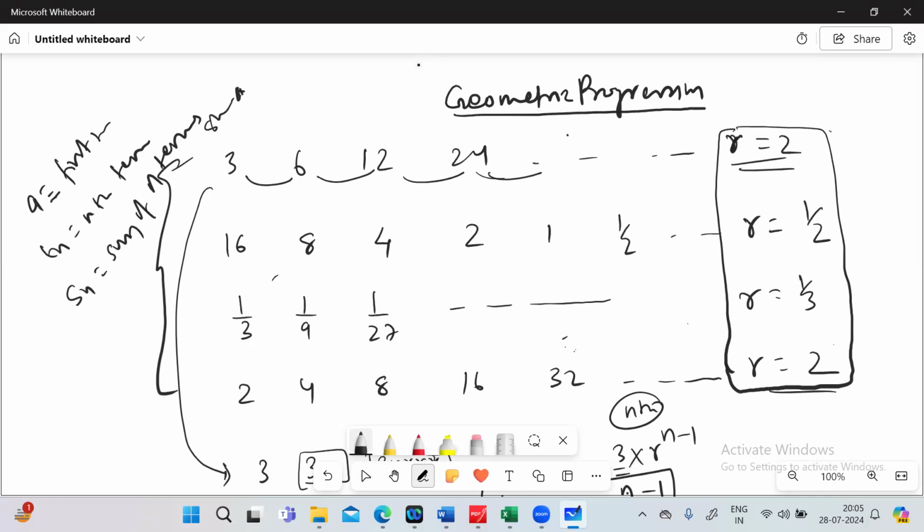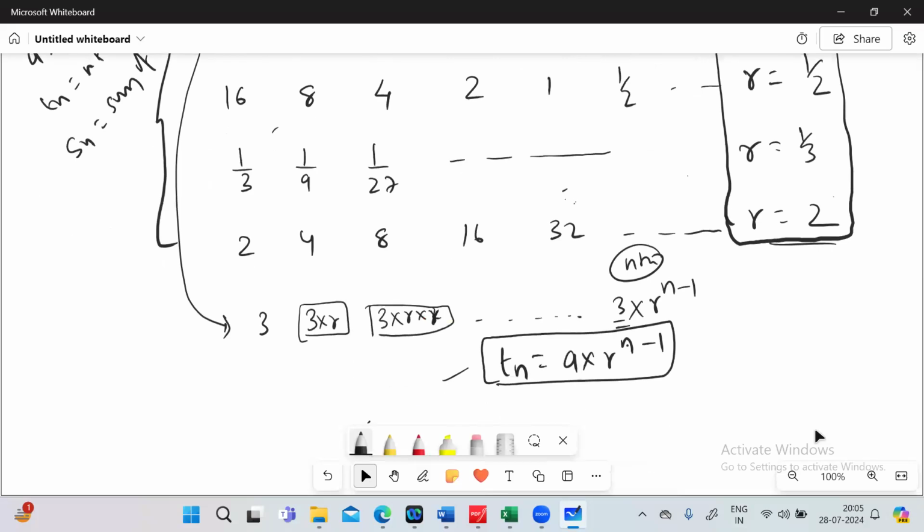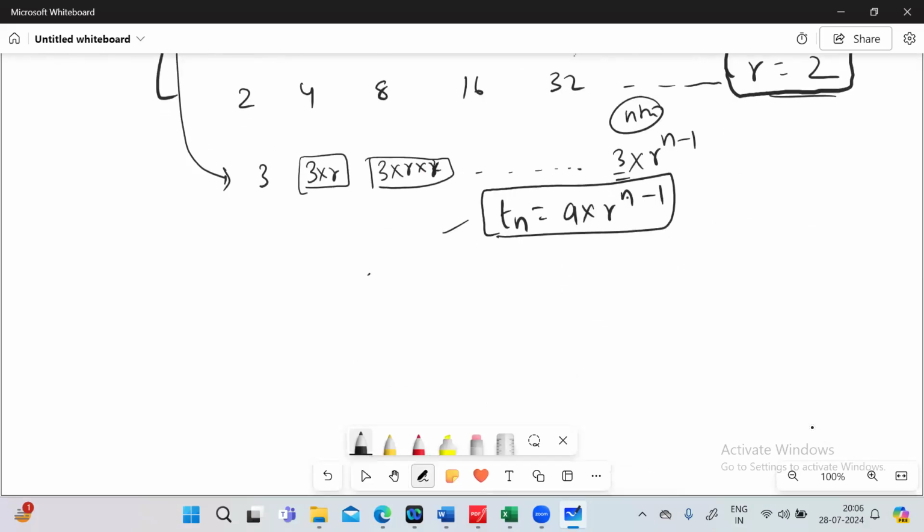So if a term is, let's say, 192, and somebody is asking whether this term will lie on this series or not, I know that I will keep multiplying by 2 to reach 192.